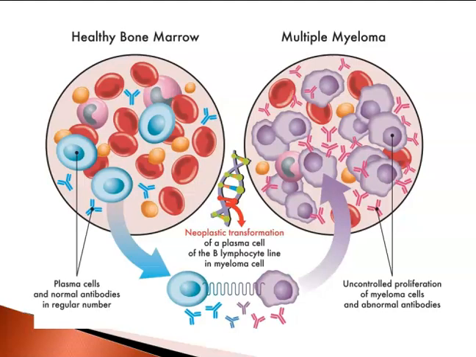So if your B lymphocytes and your plasma cells are abnormal, then most likely your antibody production is going to be abnormal. So that's what these multiple myeloma patients are facing. We've got abnormal overproduction of plasma cells. We've got abnormal overproduction of antibodies.